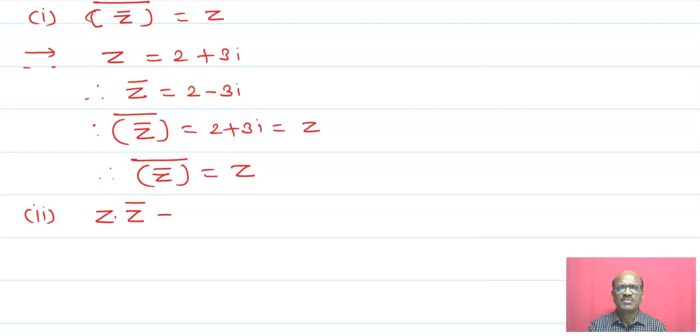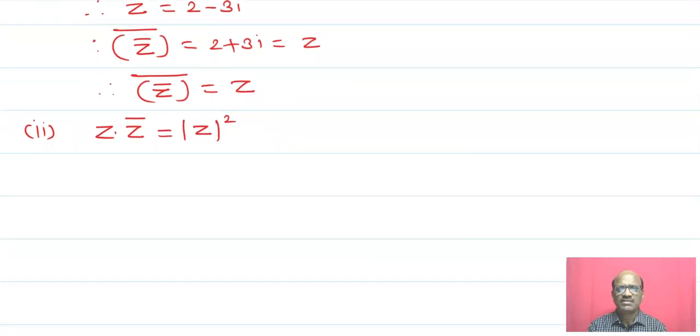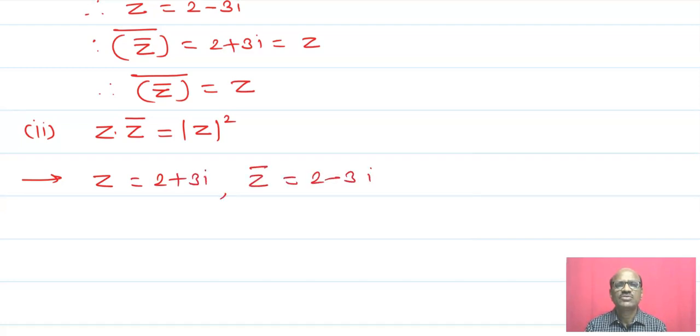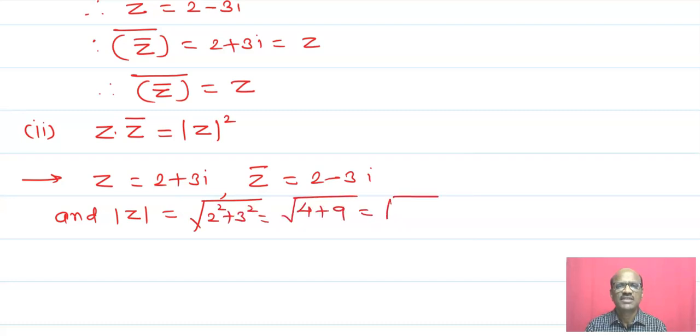Now next property: z into z bar is equal to mod of z square. That is, z is equal to 2 plus 3i, z bar is equal to 2 minus 3i, and mod of z is equal to under root of 2 square plus 3 square, that is 4 plus 9, that is equal to 13.